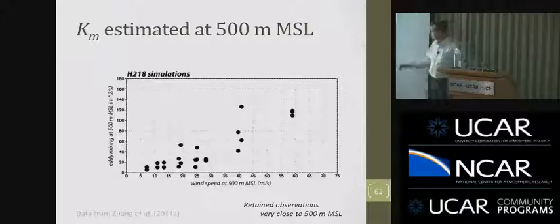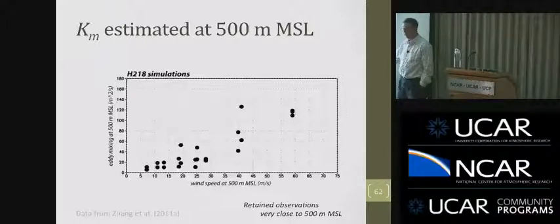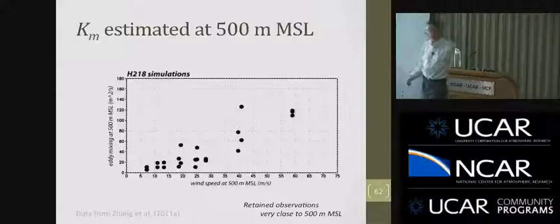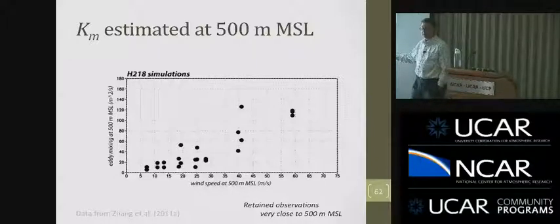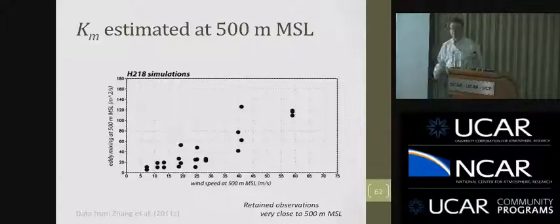Basically, they show that at 40 meters per second, at 500 meters above the sea surface, we basically saw eddy mixing values from about 40 to 120 meters squared per second, and they should be increasing at some rate with respect to increasing wind speed. There are not a lot of observations here, but this is basically what I've been able to find, and we're going to use what we got.